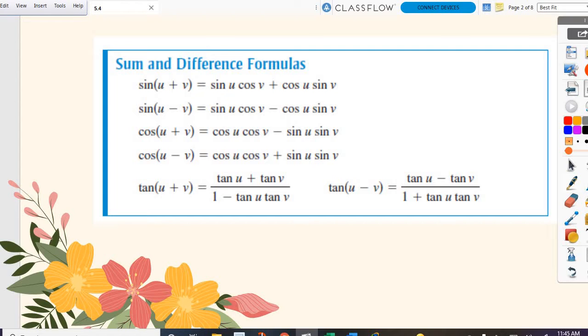We cannot distribute them. So I cannot distribute a sine when I have two things that are being added or subtracted, which is why we have to have some sort of formula that allows us to break it apart and simplify it. Do we have those down? Okay.